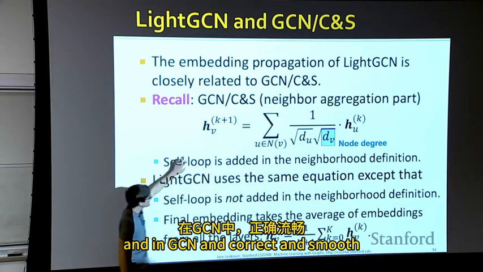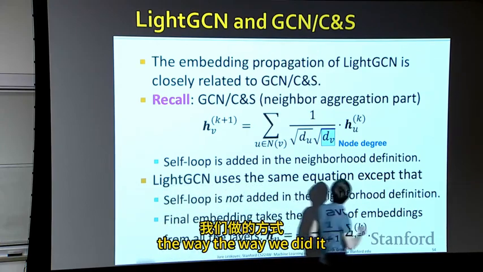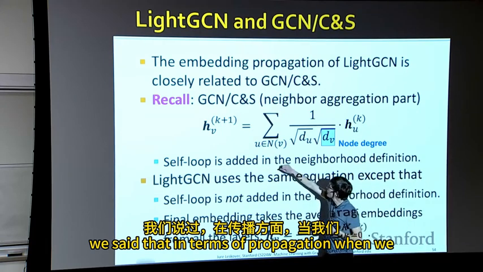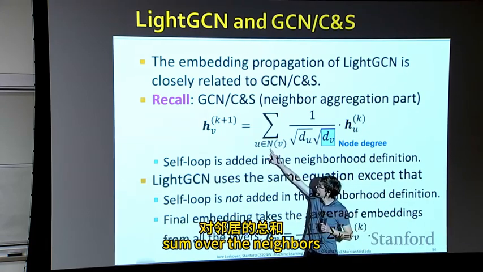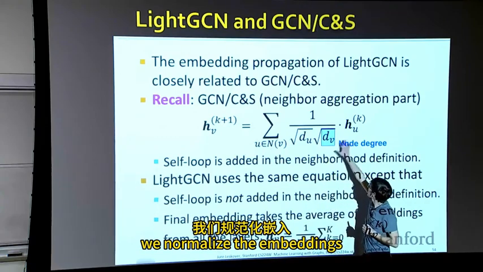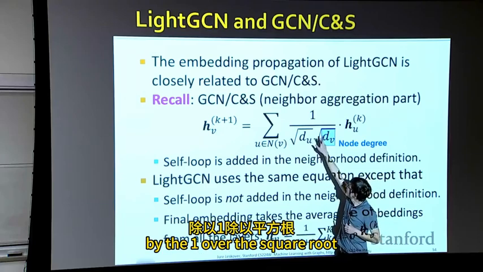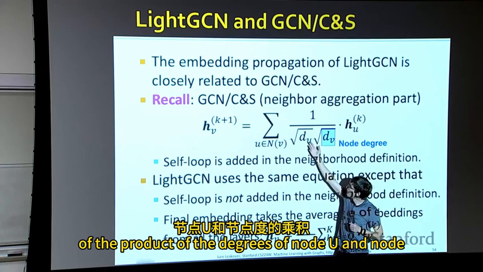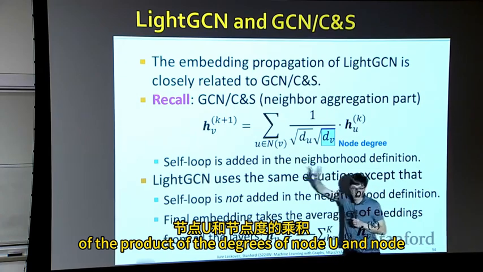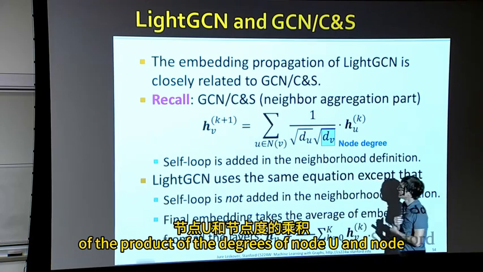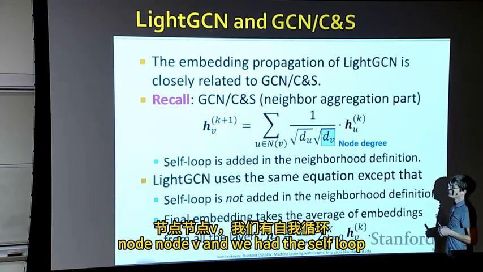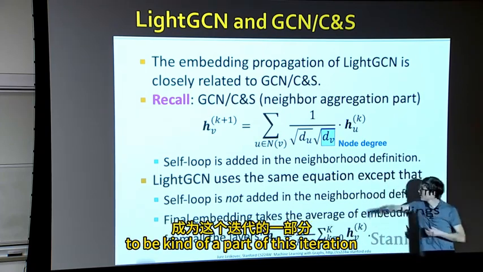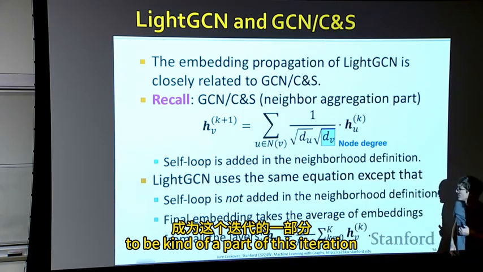And in GCN and correct and smooth, the way we did it, we said that in terms of propagation, when we sum over the neighbors, we normalize the embeddings by the 1 over the square root of the product of the degrees of nodes U and node V. And we had the self loop to be kind of as part of this iteration.